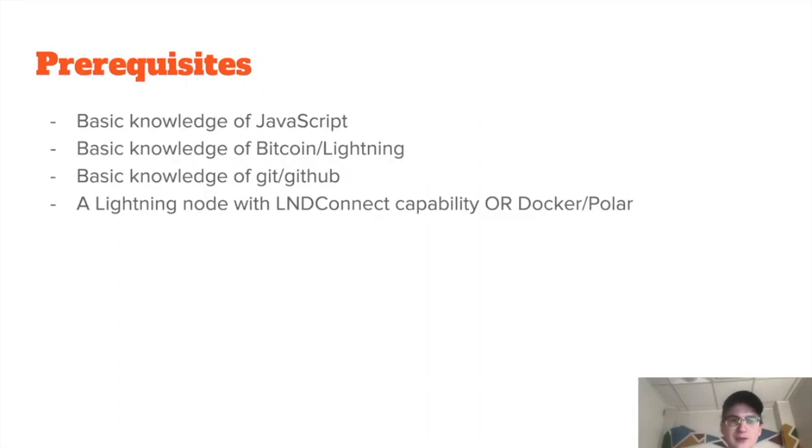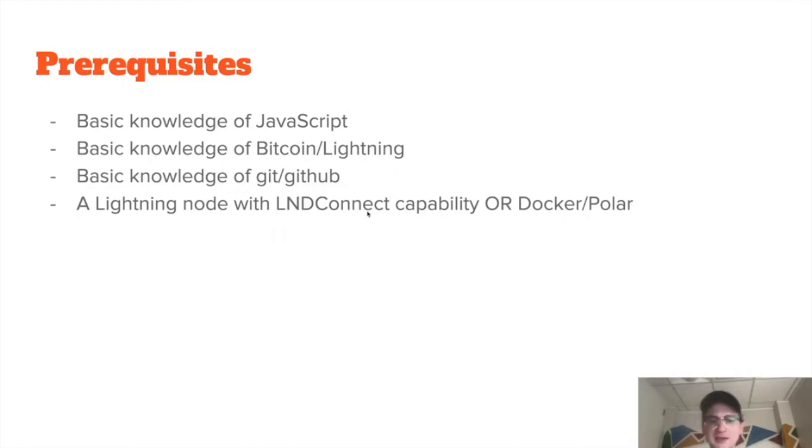Okay, so prerequisites. What I expect you to know for doing this workshop is basic knowledge of JavaScript, basic knowledge of Bitcoin and Lightning, Git and GitHub, and then we'll talk about this a little bit more, but a Lightning node with LND Connect capability or Docker with Polar.